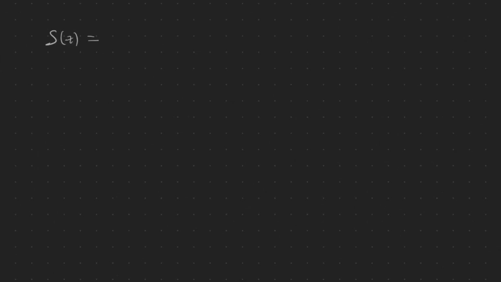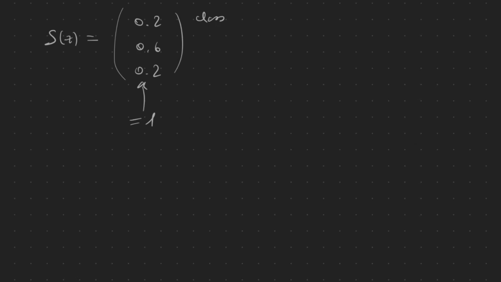So how could the softmax output look? For a given input z, let's say it looks like this: 0.2, 0.6, and 0.2. This has to sum up to 1. This is the case, right? 0.2 plus 0.6 plus 0.2 is equal to 1. This is class 1, this is class 2, and this is class 3.